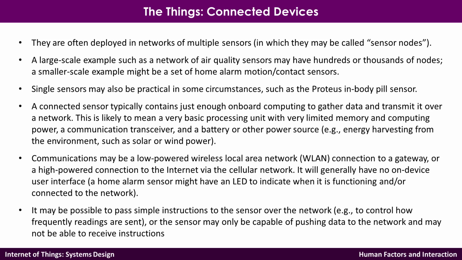So in a connected sensor, you only need a very basic processing unit with very little memory, power, and a communication receiver and a battery source. Most likely, you could also use energy harvesting techniques, such as solar or wind power, to power these small connected sensors, because they are not doing any complicated tasks other than data collection and sending to the other devices.